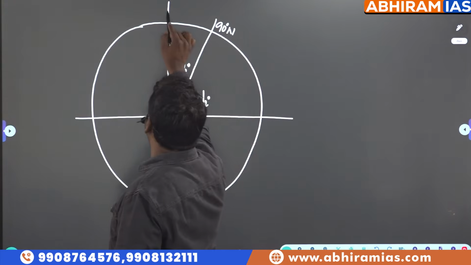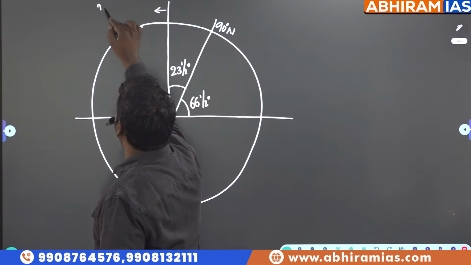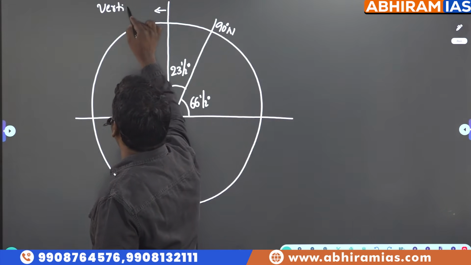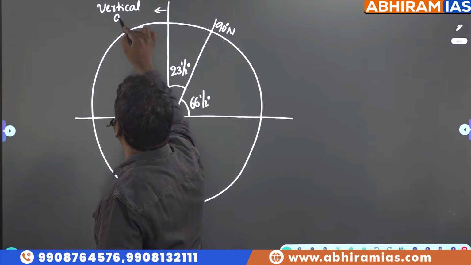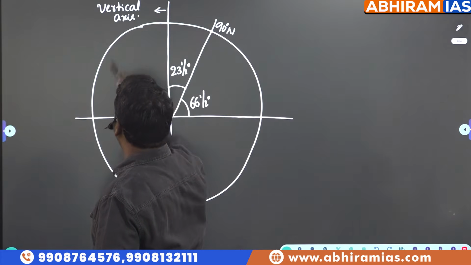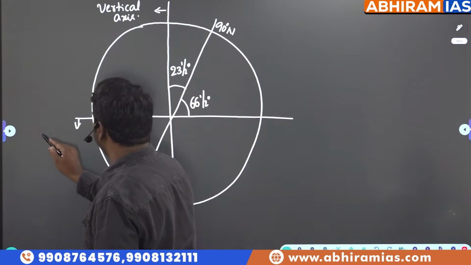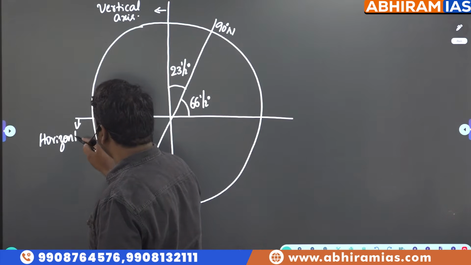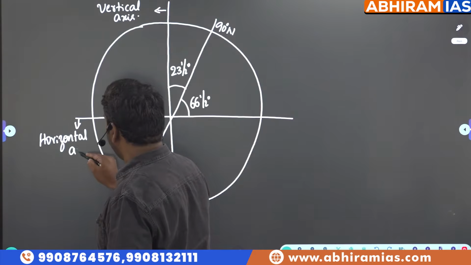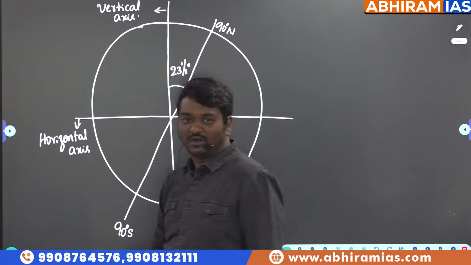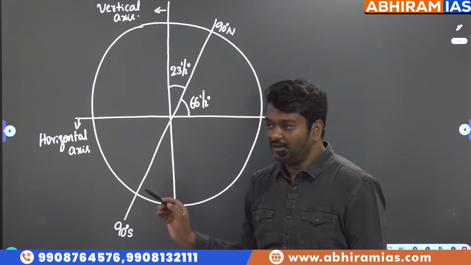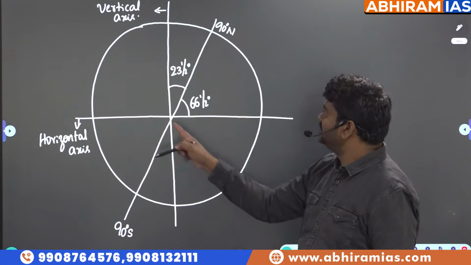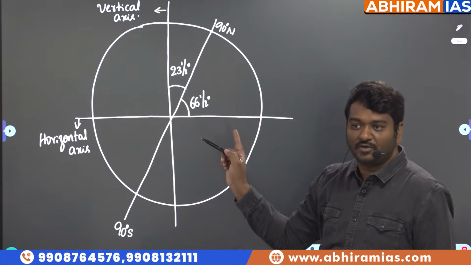Earth is tilted at 23.5 degree to the vertical axis, and it is tilted at 66.5 to the horizontal axis. Fine. Second, these numbers must be clear to you.